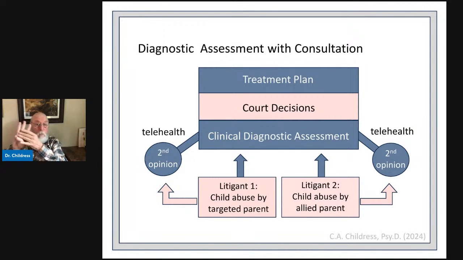We'll get a 3-doctor opinion, a majority opinion, with the primary opinion from the assessing professional and then 2 second opinion consultations. And then the court can rely on that for its decision-making. It can look at the 3 reports, use all the evidence before it, make its decisions, and we can move into a treatment plan based on the diagnosis that is returned.